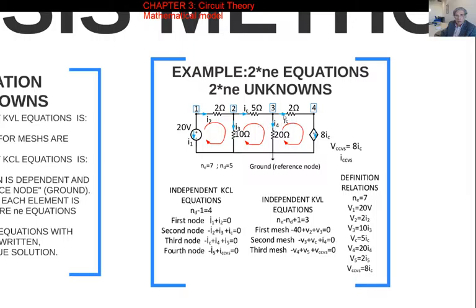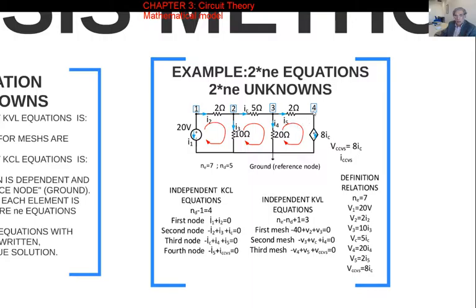Third node, we've got 3 elements connected to it, and I4 and I5 are coming out of the node, therefore the signs are plus, and the I_C current is negative because it comes towards node 3, minus I_C.